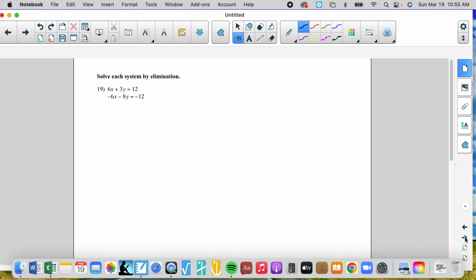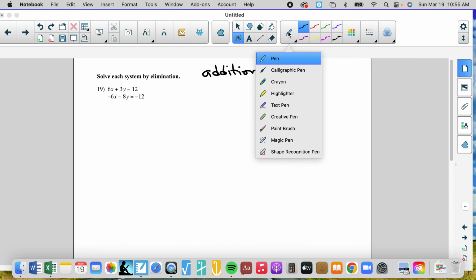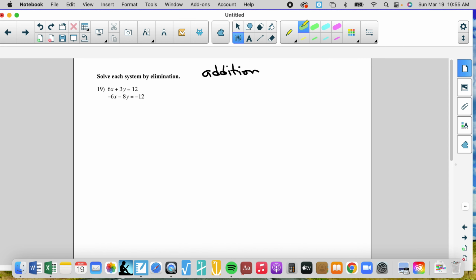So substitution is one way. Another way is through addition. We're going to add the two equations together. So the first thing whenever you add them is they need to be in the same order. Both equations need to be in the same order.